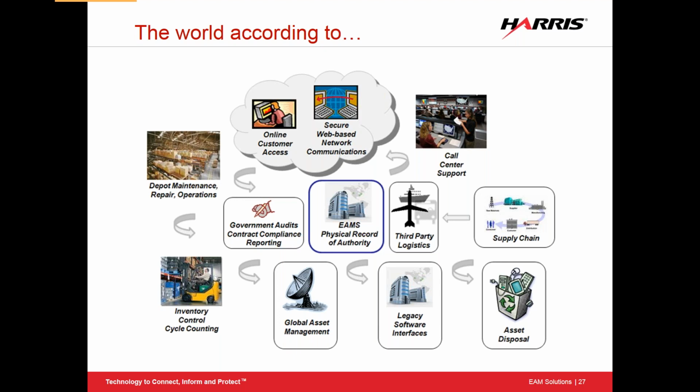You have to communicate with them. You've got support. You've got a call center. You've got to keep your customers happy. You deal with third-party logistics, for example. You've got to ship your stuff around the world. You use legacy software interfaces. You've designed your own stuff internally to make your company work. And you finally have to dispose of your assets.